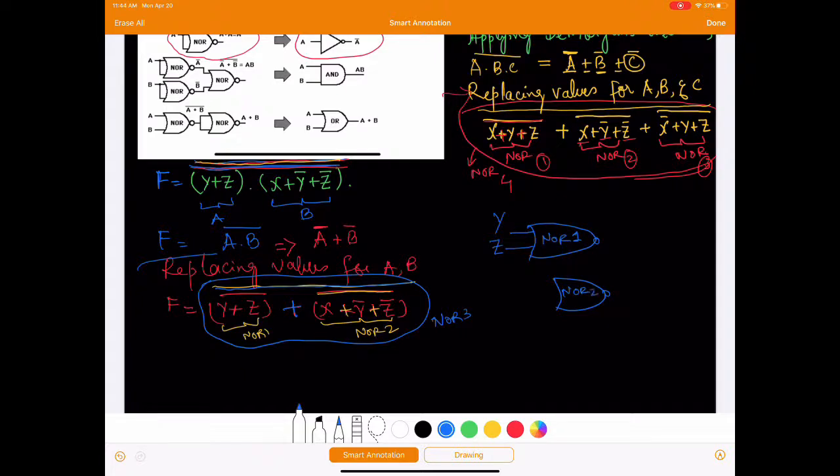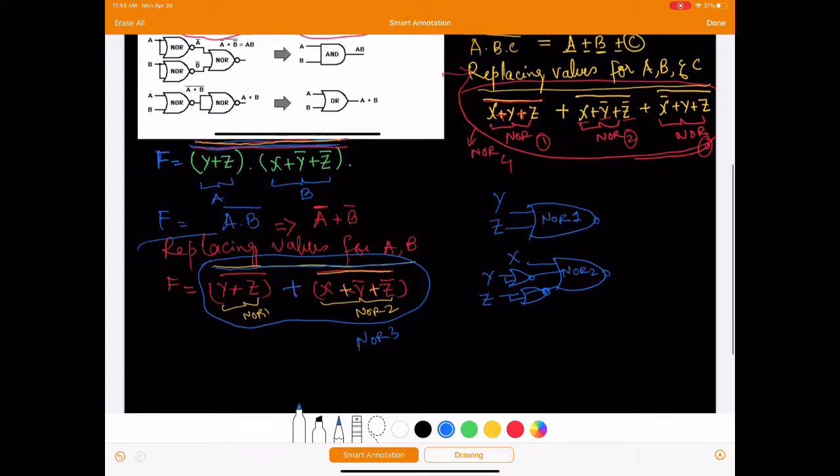The inputs here are x plus y bar plus z bar. So here's your x. Y bar is going to be this right here, going through an inverter, because that's how you make an inverter. Also you have z here, and then it goes to an inverter through a NOR, and then the signals are shorted.